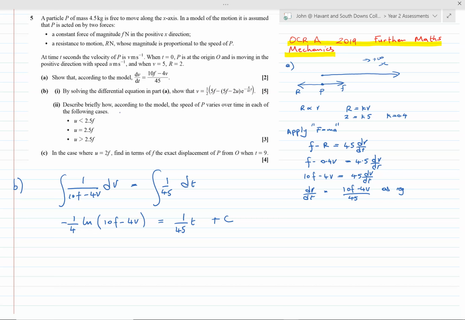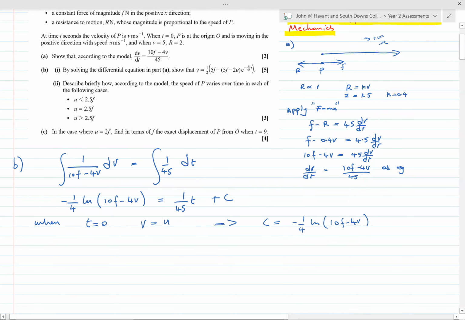Okay, right, so let's manipulate this a bit. We can say that when t equals 0, v is equal to u. If we put 0 into that, it means that c is equal to minus 1 over 4 ln(10F minus 4u).